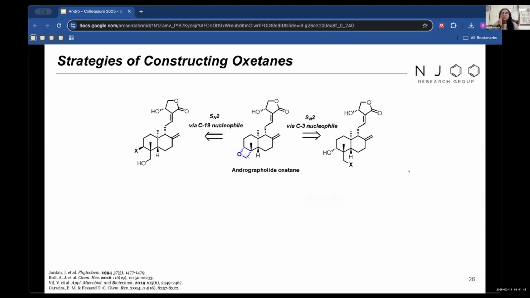And so we propose two main strategies to construct this oxetane moiety on Andrographolide, one of which is through a C19 nucleophile and a C3 leaving group, and another which is very similar to the first, using a C3 nucleophile and a C19 leaving group.